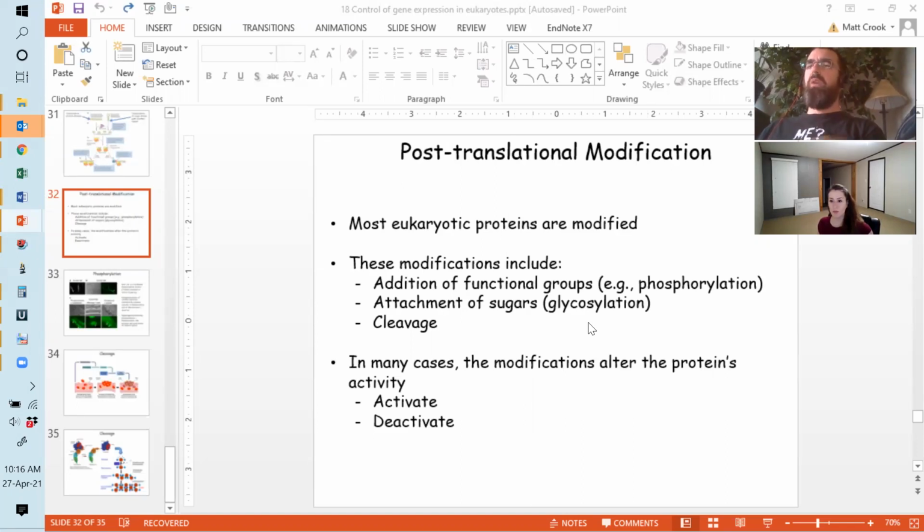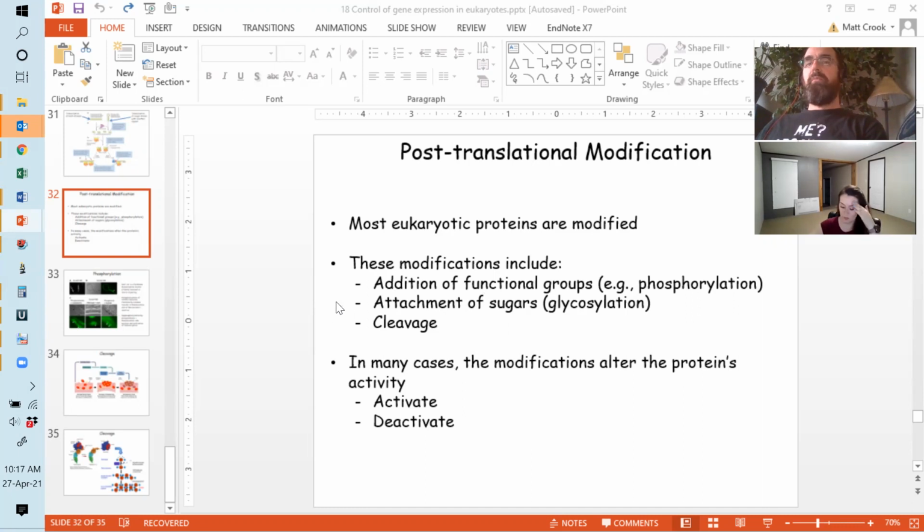Is down to how those external facing proteins are glycosylated. And quite often those sugar groups are recognized by your immune system, right? So they're one of the main ways in which bacteria are recognized as a bad thing if they happen to be floating around in your blood, is by those sugar groups.